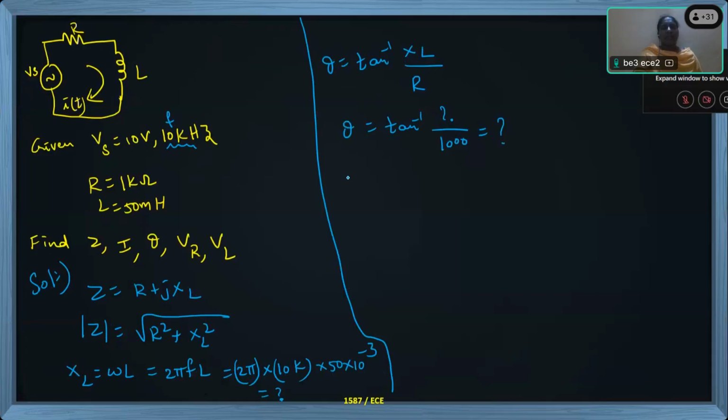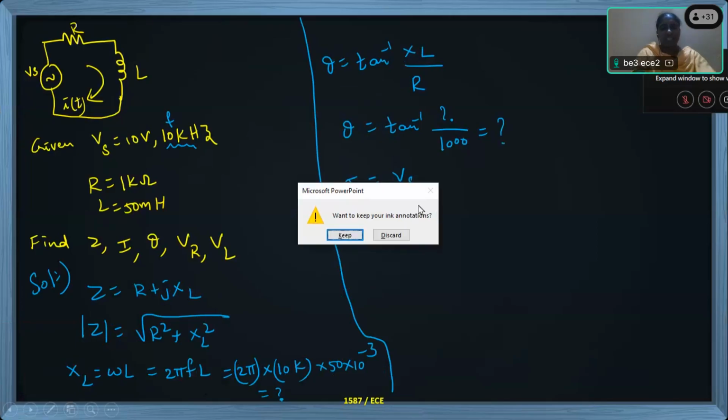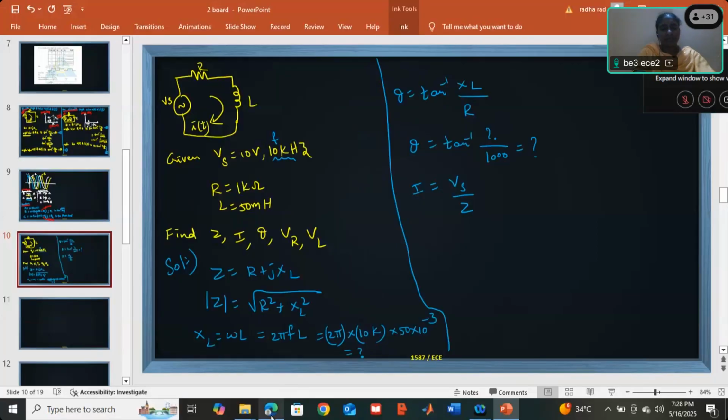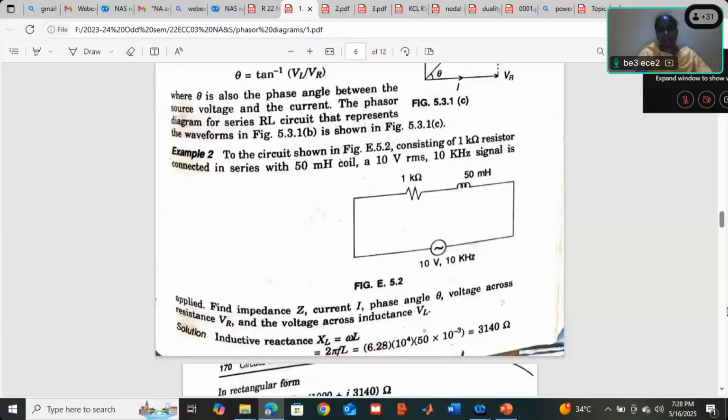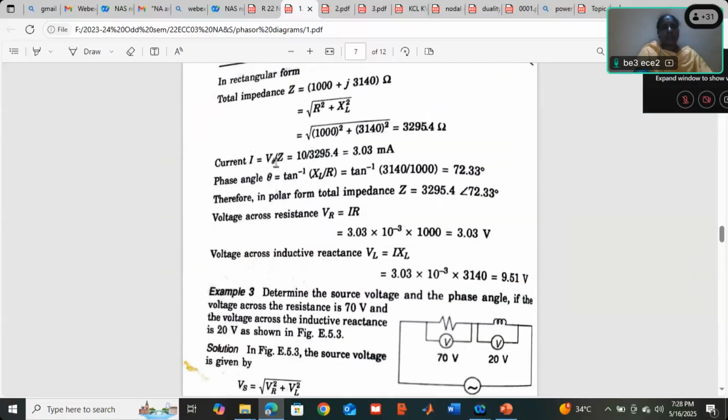Then current. Current is nothing but the supply voltage Vs by the Z value. How they have calculated current, you see. Supply voltage is simply 10, and the Z value after the final calculation is 3295.4.